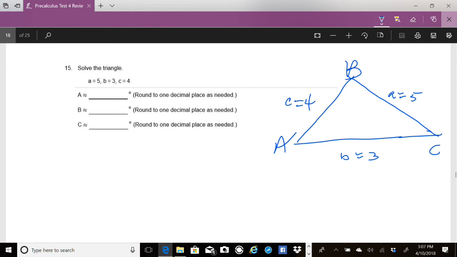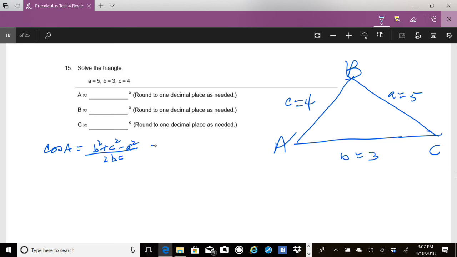We want to find all the angles. So we go to the law of cosines, and we get cosine of A is (B squared plus C squared minus A squared) over 2BC.